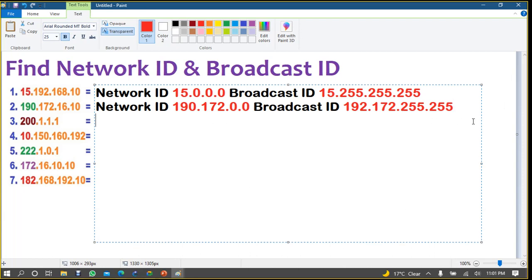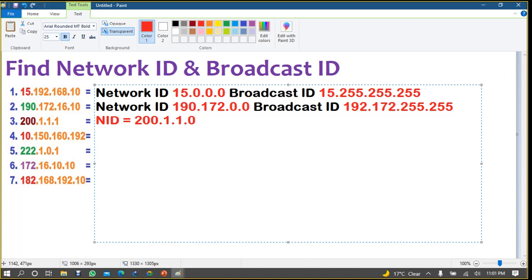Same here. Now come here. Here we are using network ID, so NID. Let me write it as NID. So NID is 200. See, understand it: this 200 belongs to class C, and class C has three network bytes. So 200.1.1 will be there, and then 0, because it's talking about the start, the first IP.